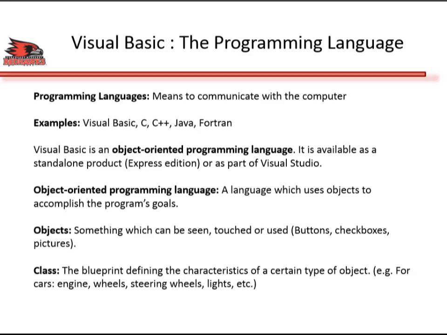Every human needs to have two arms, two legs, two eyes, one nose, etc. So these are the blueprints or stuff which a certain type of object needs to have. And that's the case for the objects in Visual Basic. So it's like a DNA of the object.